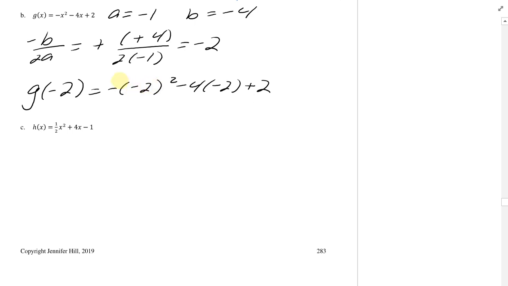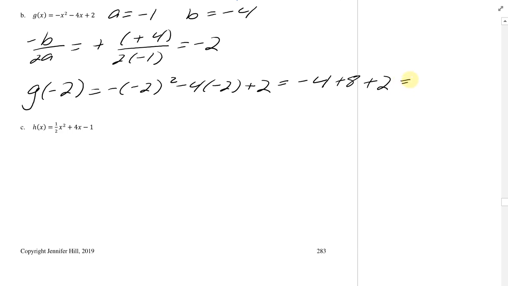Because -2 squared, if I think about that by itself, is actually +4. But now I've got this negative in front of this, so this will end up becoming negative. This is a little bit of a distinction that you just want to be careful of as you're working this out. So this becomes -4 plus 8 plus 2.